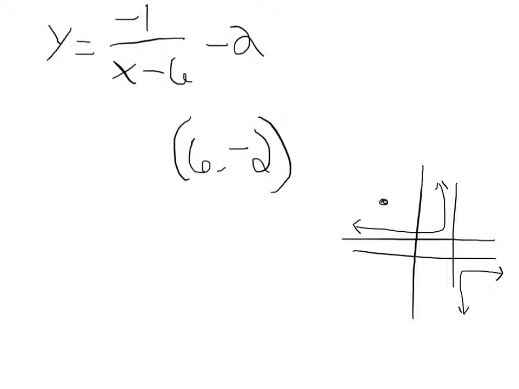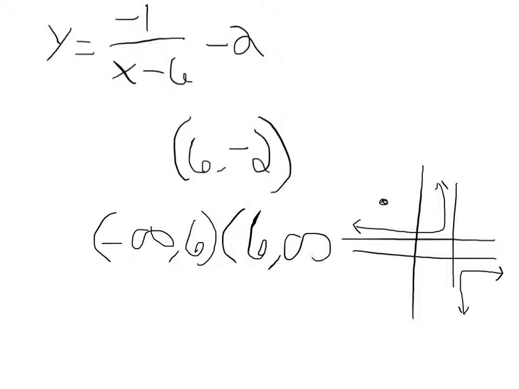Now we are going to find our domain and our range. For our domain, since it goes in the negative direction forever, we're going to have -infinity all the way to 6, and also 6 to +infinity.